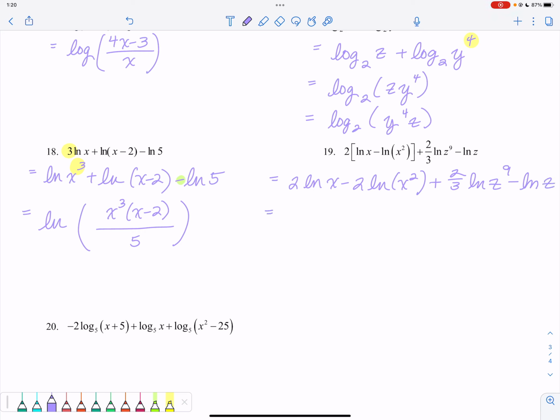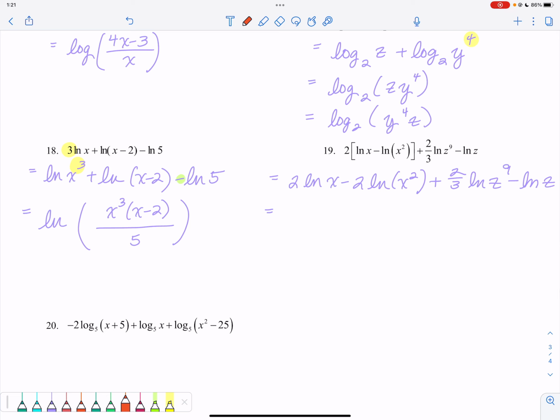Okay, so now we can see that we have the sum. Well, let's go ahead and bring these coefficients.